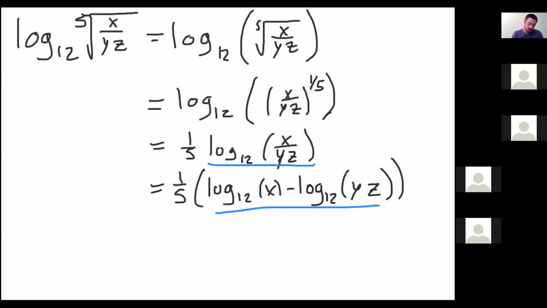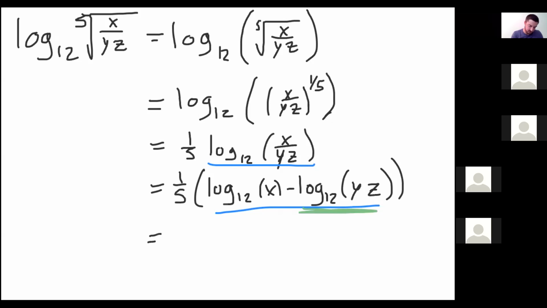Okay. Similarly, I then ask myself this same question. Okay, anything else I can do? Log base 12 of x, not really much I can do there. However, in that second log, I'm multiplying two things together. So I can say, hey, let's expand log base 12 of y times z.